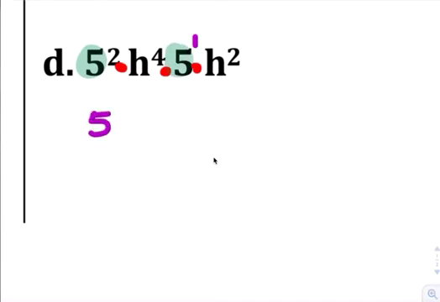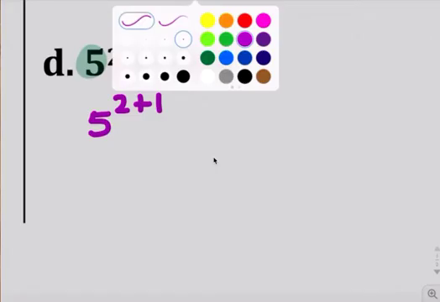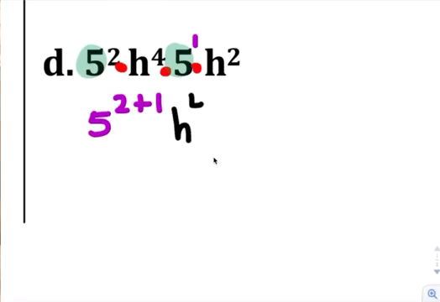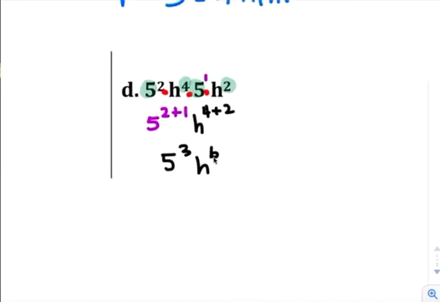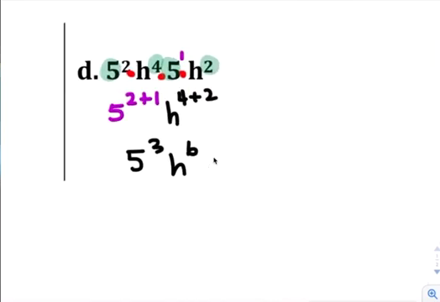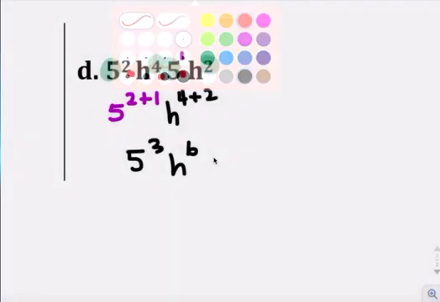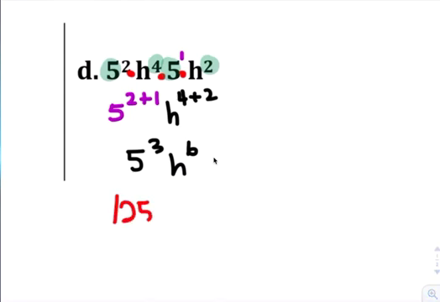You go 5 to the second plus the 1, just like here, 4 plus this 2, the exponents. So you get 5 to the third, h to the sixth. 5 to the third is 5 times 5 times 5, which is 125. So you can put 125 if you want, h to the sixth.